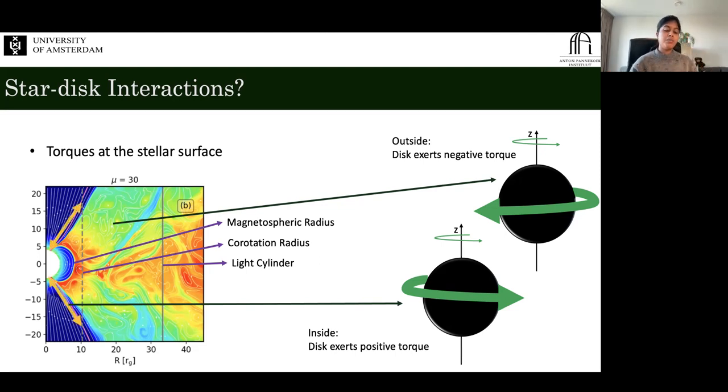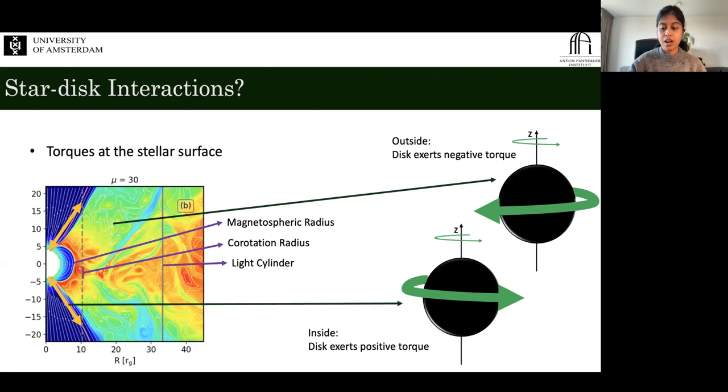If the stellar magnetic field lines are connected to the disk inside the co-rotation radius, the foot points of these field lines rotate at a speed larger than the stellar frequency, and hence these field lines will exert a spin-up torque on the star. And if they are connected outside of the co-rotation radius, they'll exert a spin-down torque.